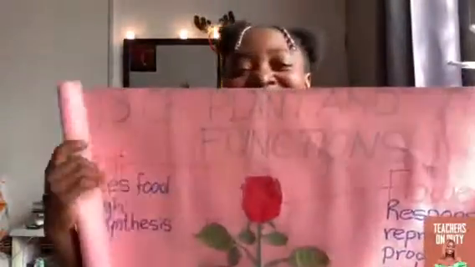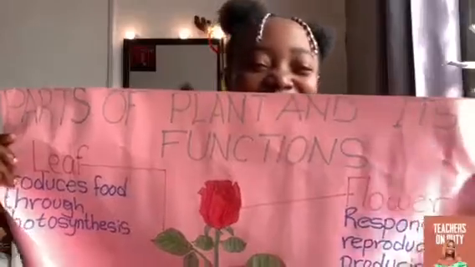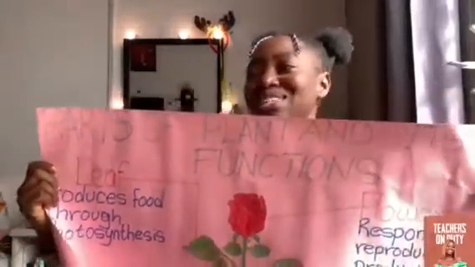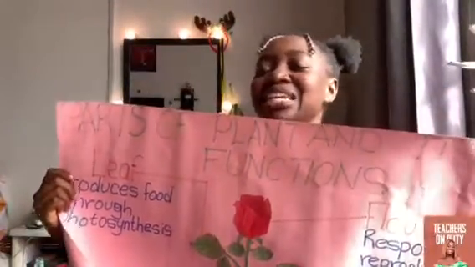Okay, so this is the last TLM. This is the last drawing for my TLM. Let me see. What's this? Oh, it looks so nice. This is the parts and functions of a plant. Oh, I drew a rose flower. And I was here crying on Valentine's Day that I didn't get any flower.